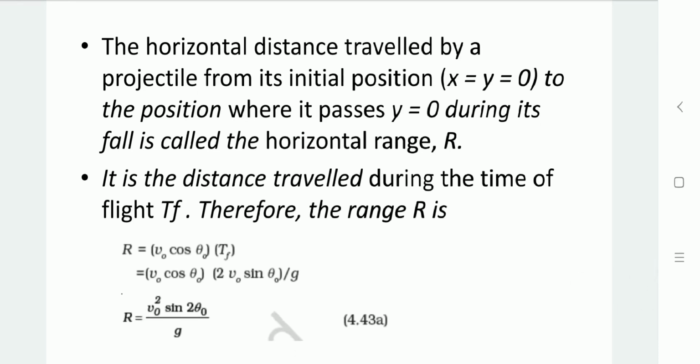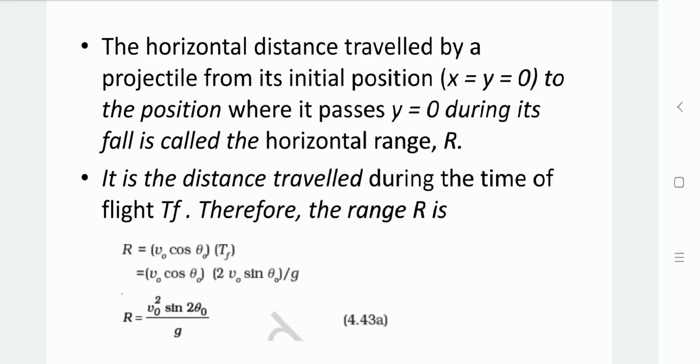As velocity is distance per time, we have the velocity in the x direction, V0 cos theta 0, the horizontal range, the distance, defined as R, and the time replaced by Tf. So R equals V0 cos theta 0 into Tf. Replace Tf with twice V0 sin theta 0 by g.